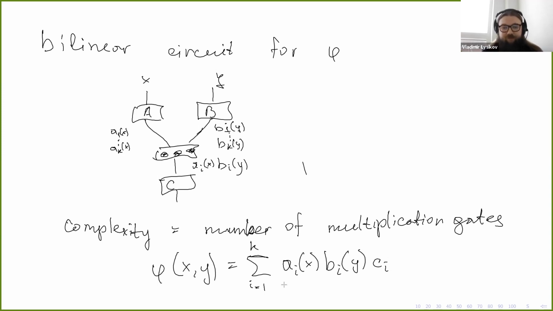And if you look at this in the trilinear form, then the trilinear form would be essentially the same, except that we have the product of 3 linear components here. So we can define the complexity notion for tensors, so tensor rank.